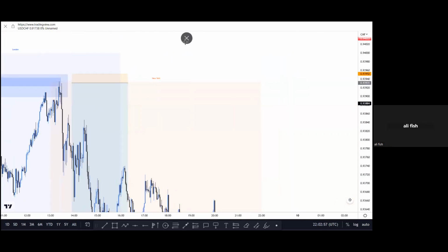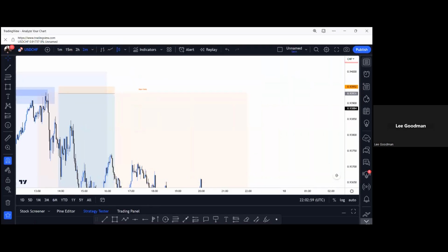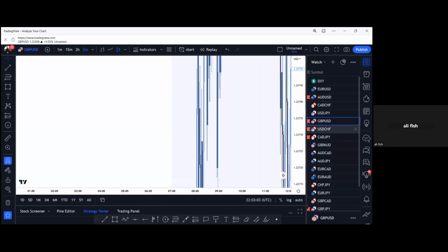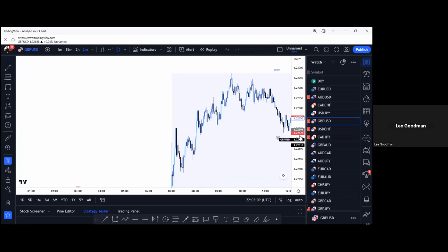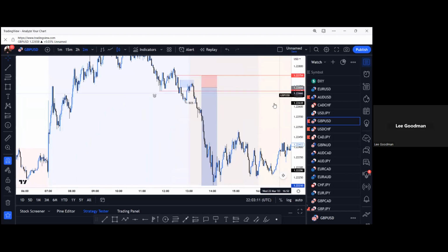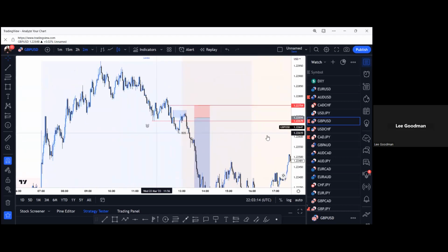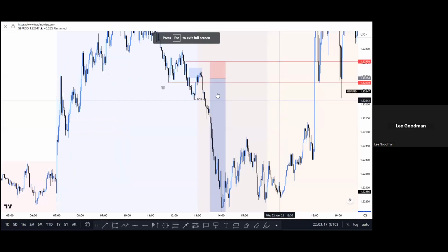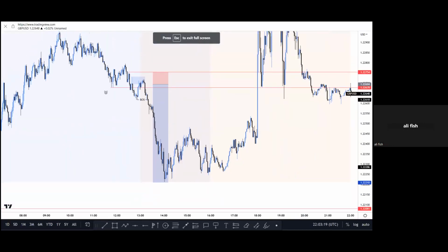So Samsung's just asked where's the quickest way to check the spreads. Me personally, I go on MT5 usually. Yeah, MT5, check the pair, and obviously it tells you the difference there. I think TradingView tells you at the top corner as well, doesn't it, sometimes? I don't know, mate. I just go to MT5.